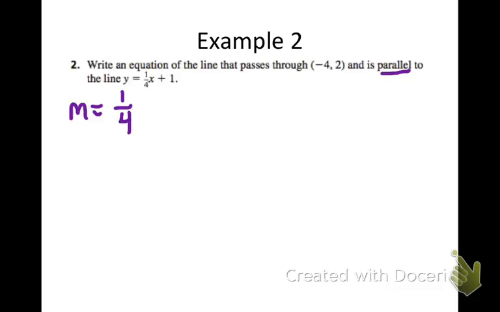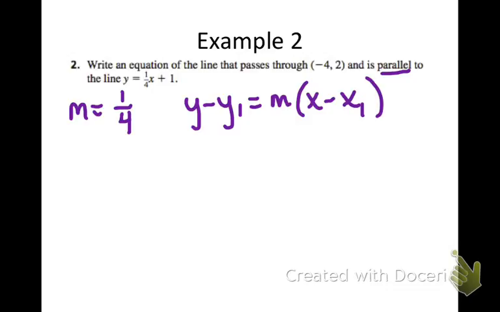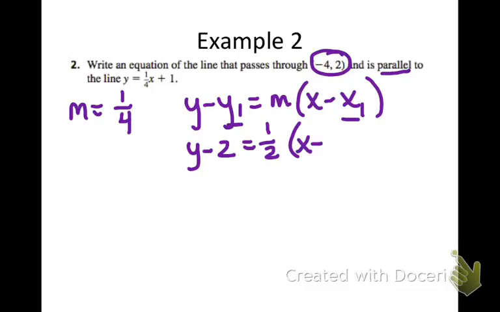If you recall from yesterday's lesson, y minus y1 is equal to m times the quantity x minus x1, and y1 and x1 come from the point they provided. So y minus 2 is equal to our parallel slope, times x minus the -4.